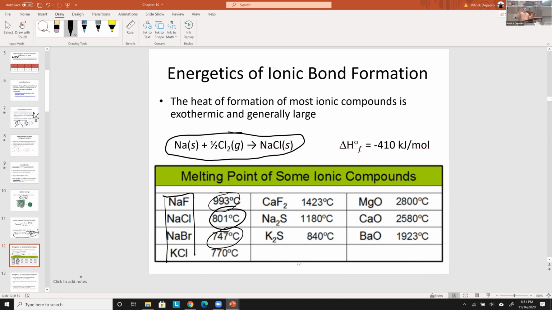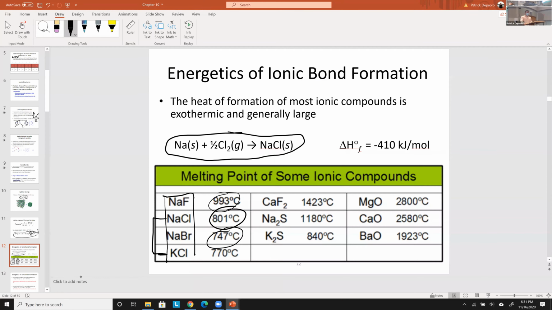As you increase the bond length, the bond energy decreases. And then if you replace the sodium with a potassium, so we can compare NaCl directly to KCl, potassium is bigger than sodium because it's further down in the periodic table. And this lowers the lattice energy as well. So same thing, and you can see that trend.